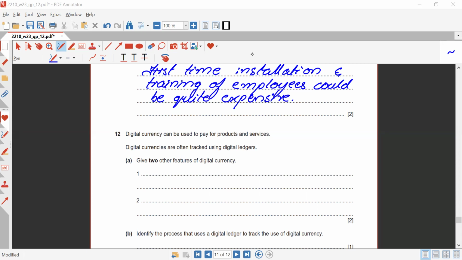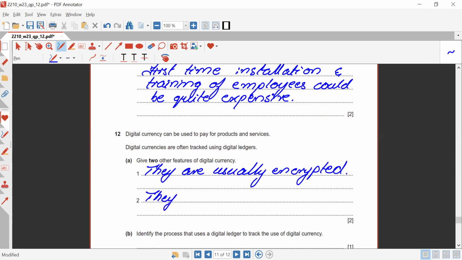You may say they are usually encrypted. Apart from the encryption, you can write that they utilize centralized systems. In my classes, I told you about Link One when you go to the ATM.